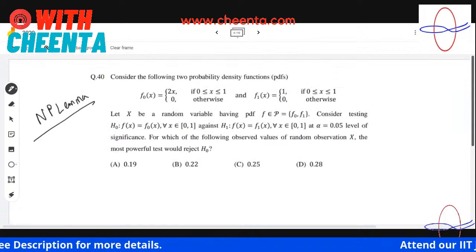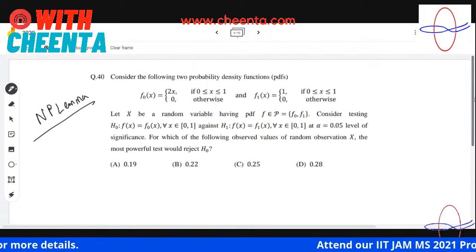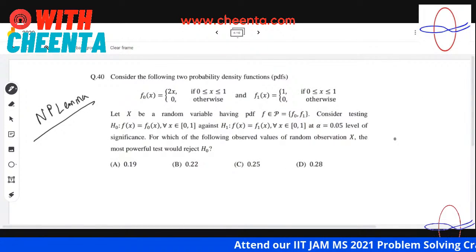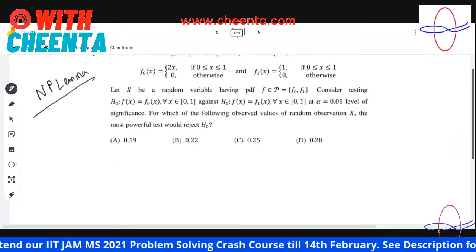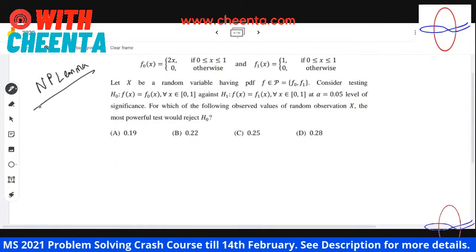So if you apply the Neyman-Pearson lemma, let's see for which of the following options randomly selects the most powerful test. So UMP is the most powerful test. So let's try to find this out.